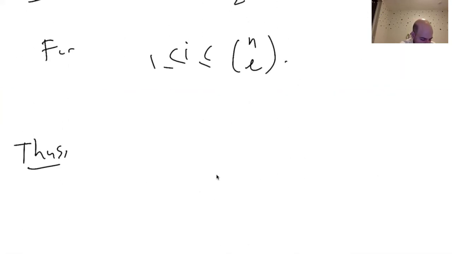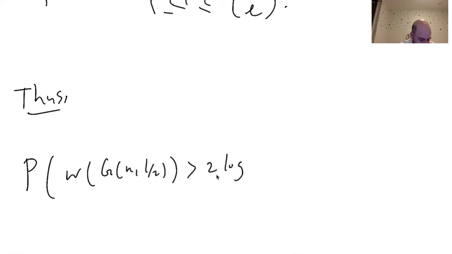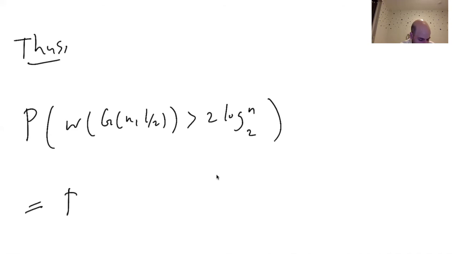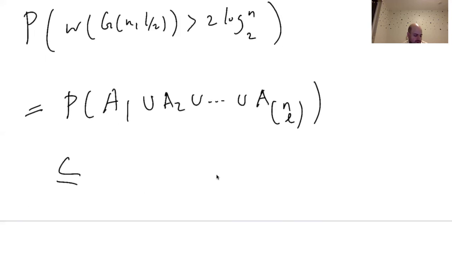So P of omega of G of n, 1/2 bigger than 2 log n in base 2 is the same as P of, we just established that this would occur if and only if A1 occurs or A2 occurs, or A sub n choose L occurs, and this one by union bound.